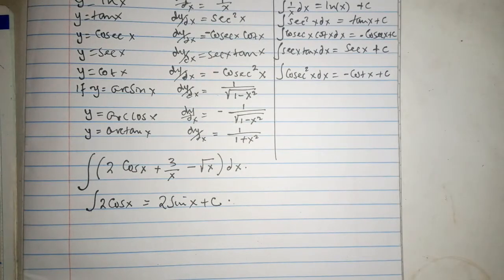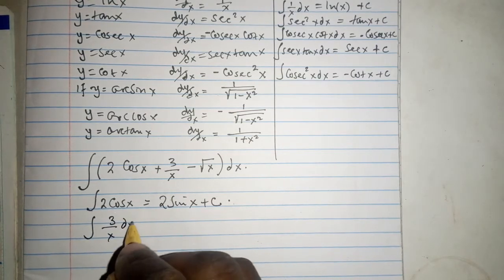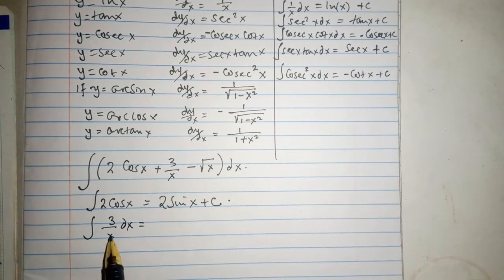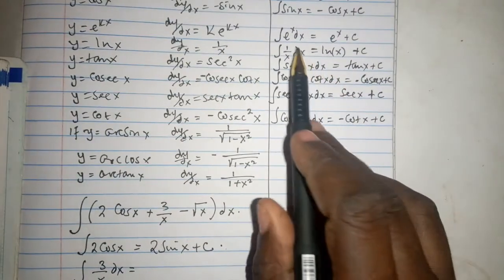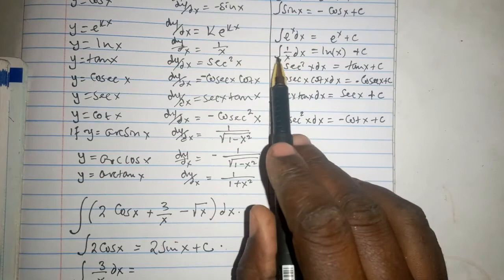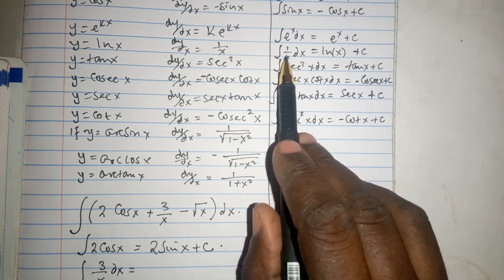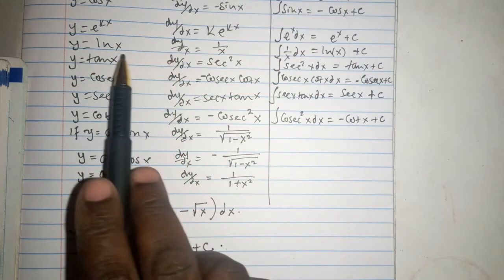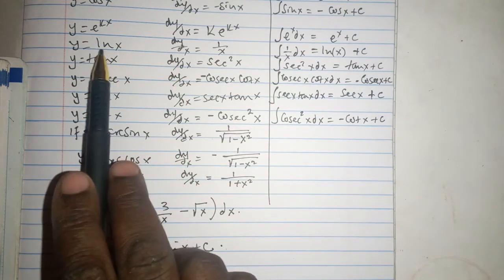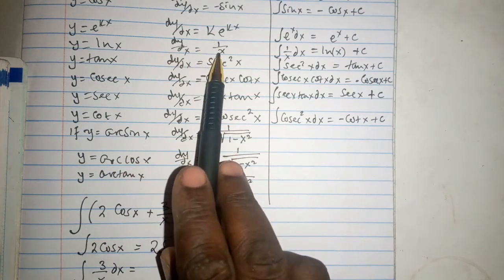And let's go to the second term. Again, the integral of 3 over x dx. Please note x is at the denominator position. That means we will have to highlight our integral when x is at the denominator position, and this one is going to be advised by differential movement, which is forward movement. When y was ln x, then dy dx was 1 over x.